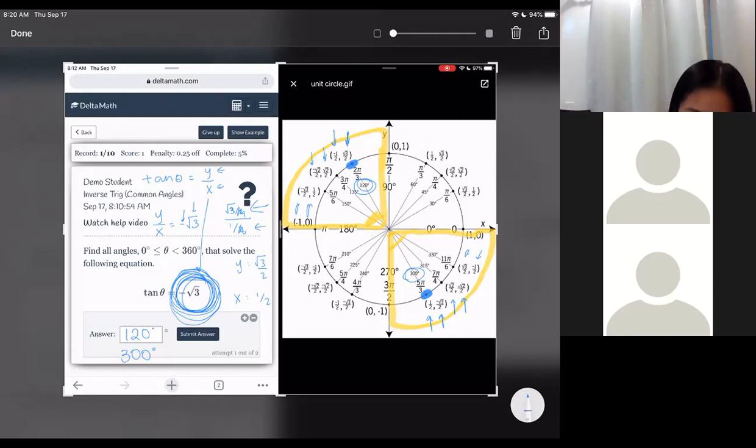So it's radical 3 over 2 divided by 1 over 2. That's the correct y and the correct x that you would use to get radical 3 as your answer. I don't know how much I cut off again, or if that even helped explain.